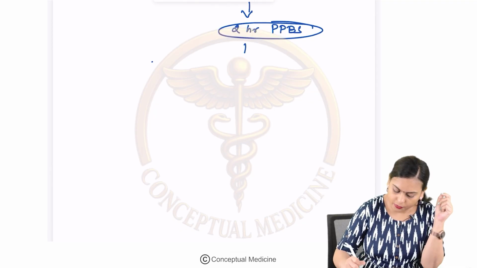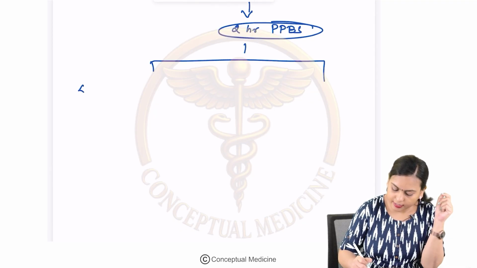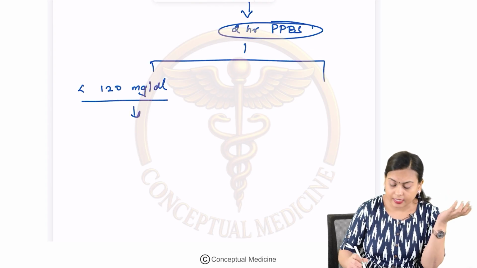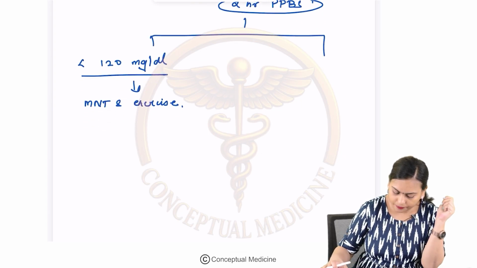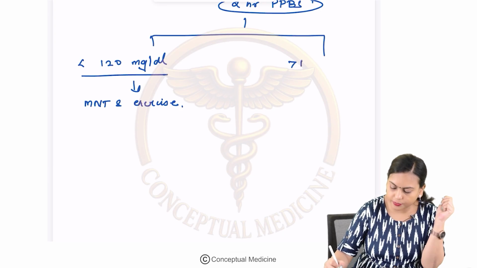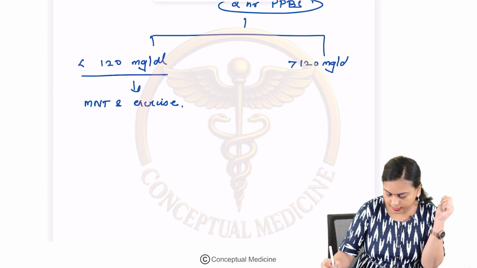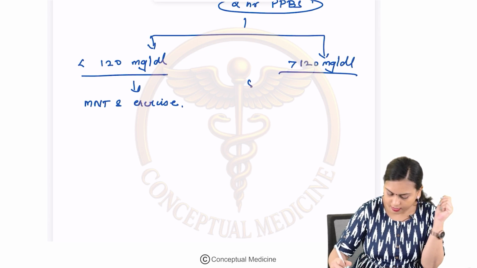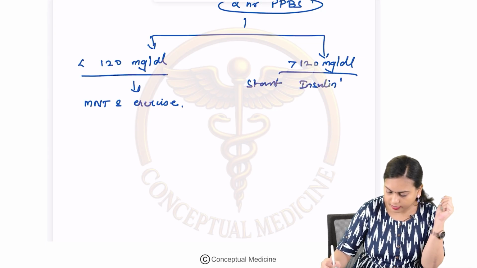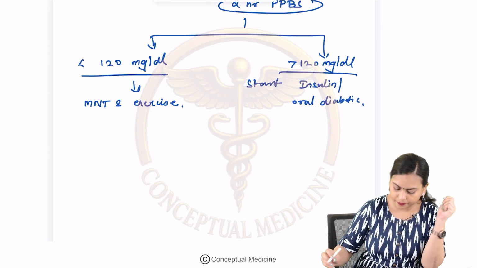Suppose it is less than 120 milligram per deciliter, then we can continue MNT and exercise. Suppose it is more than 120 milligram per deciliter, then we have to start either insulin therapy or oral diabetic therapy.